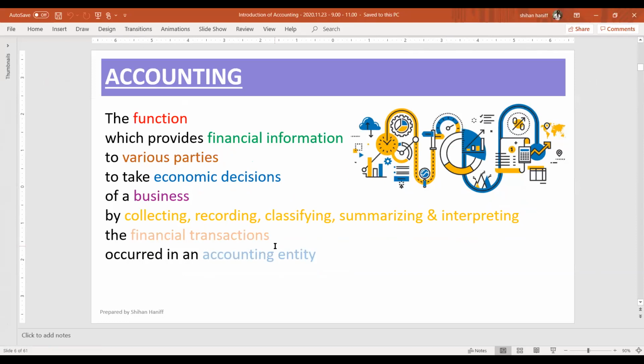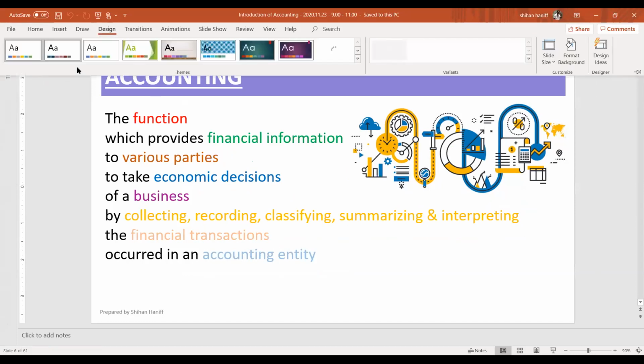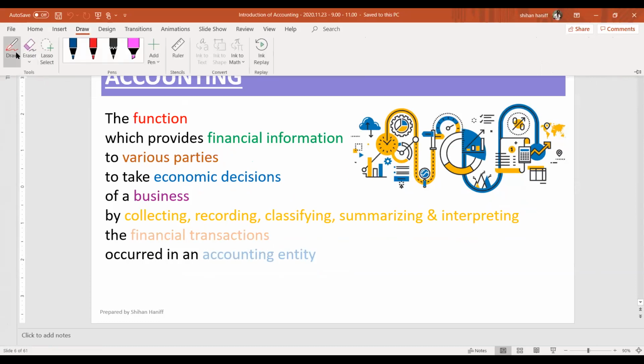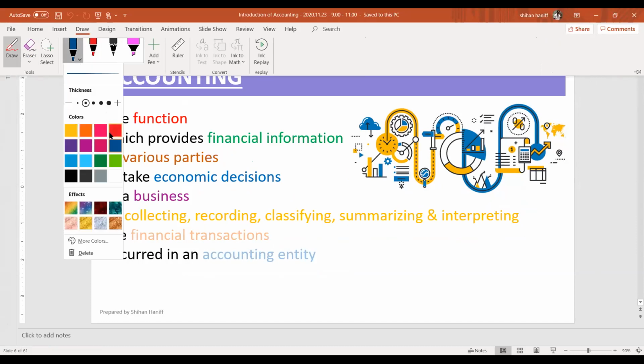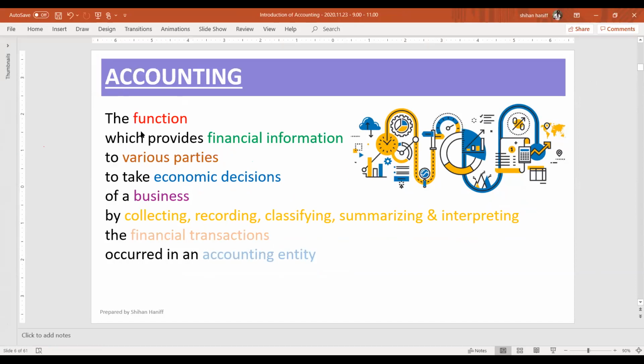Right. So let's check one by one. Initially it says accounting is a function.